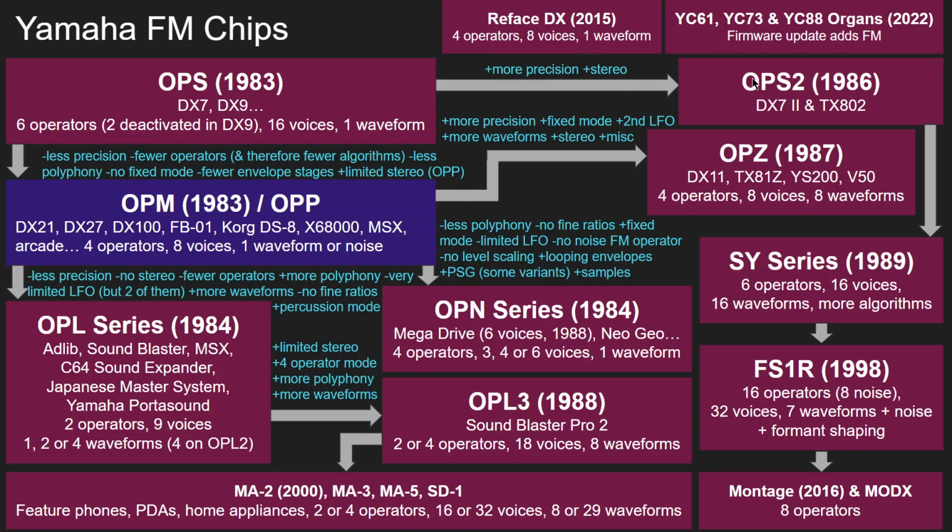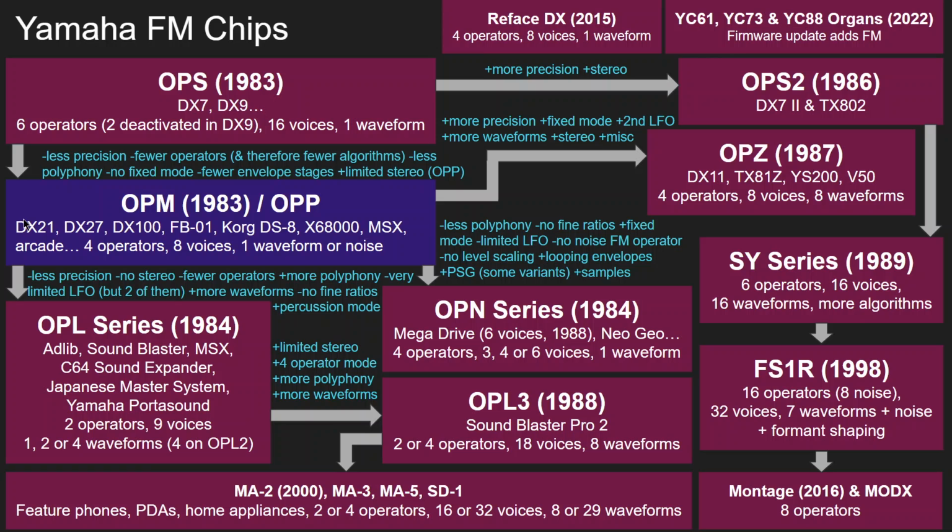And it also added stereo support. The original was mono. So there was a DX7-2, slightly less famous, basically the same, it just had stereo. The TX802 is a DX7.2 without a keyboard, a sound module. So that's one direction.